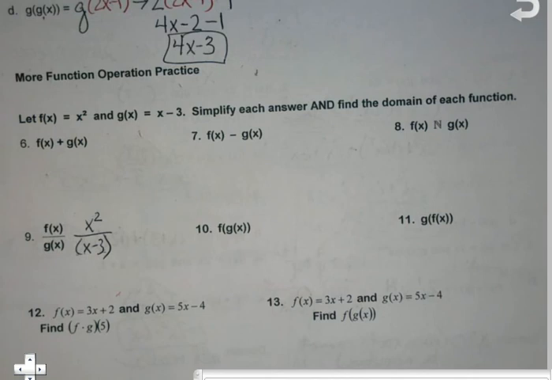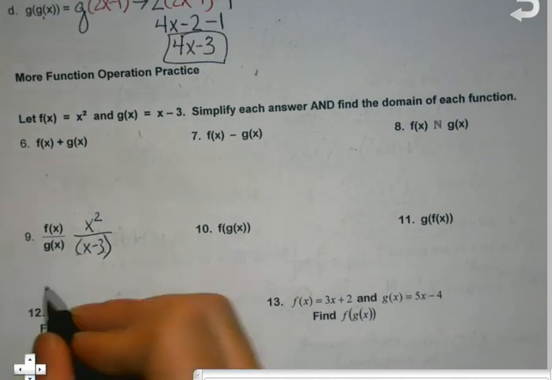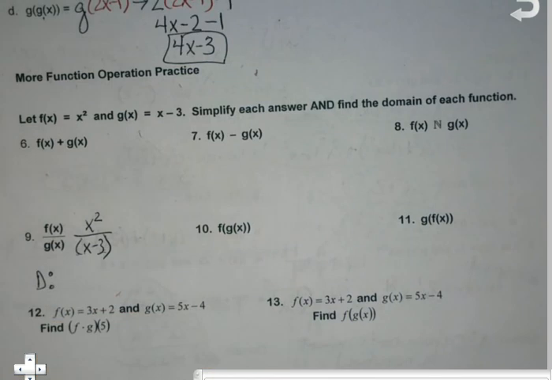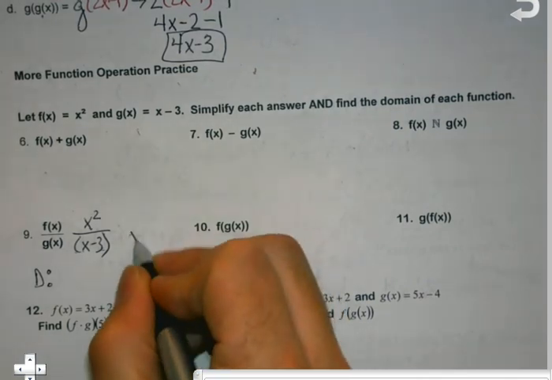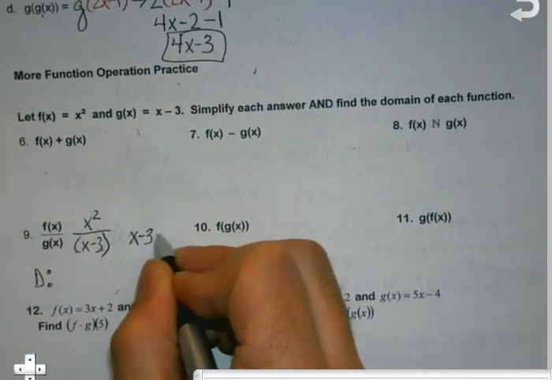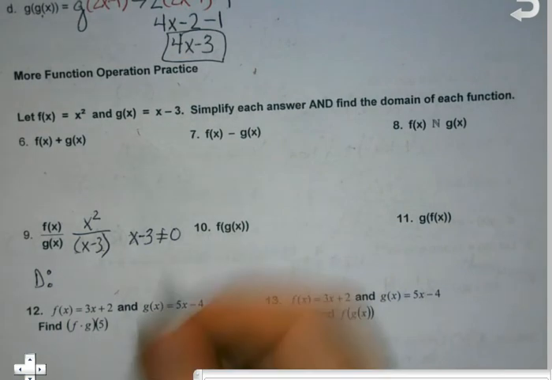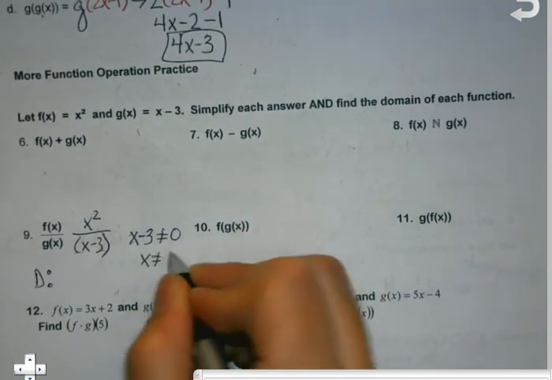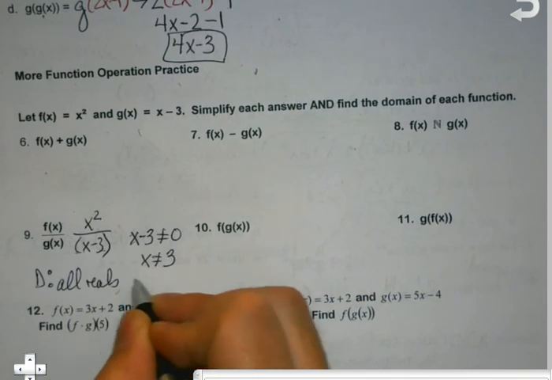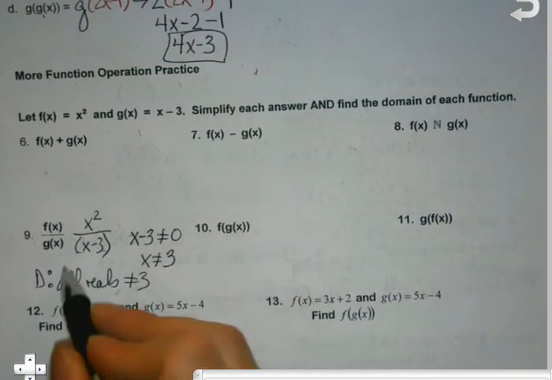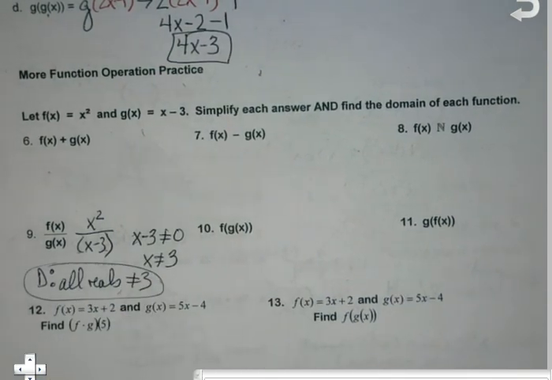Or is it just all reals? If not all reals, how do I find out what the restriction is? Right. I can't have my denominator equaling 0. So here it's all reals except 3, because that would cause my denominator to be 0, which is a big no-no.